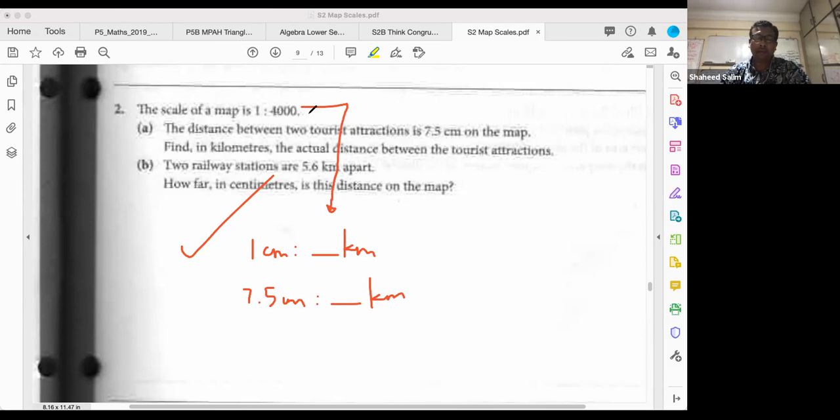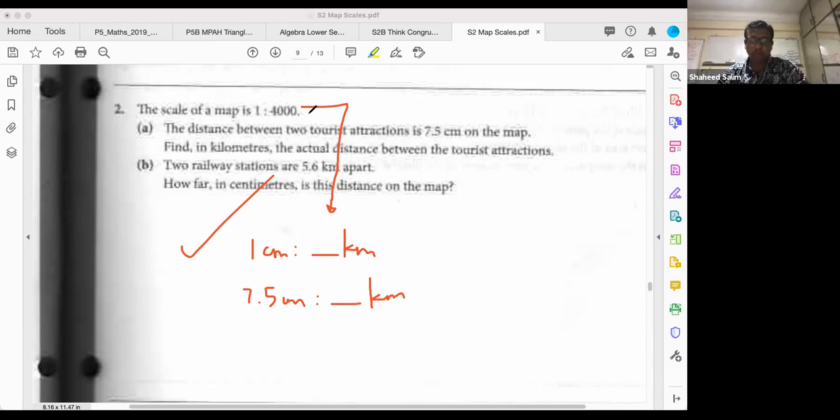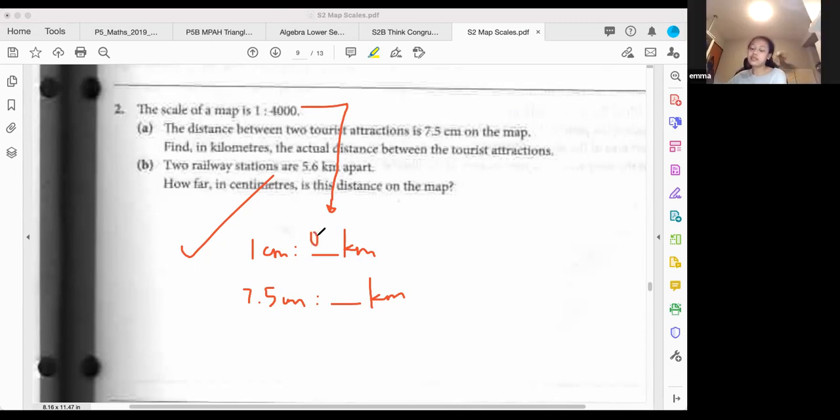How many km is this? Change to meters, then change to km. You got? Zero point zero four. Well done.